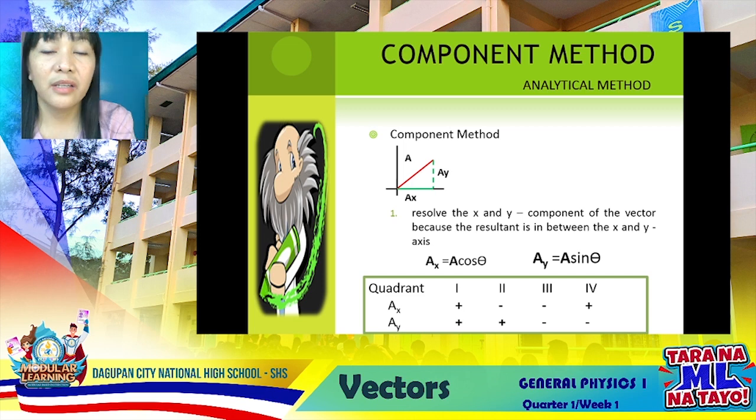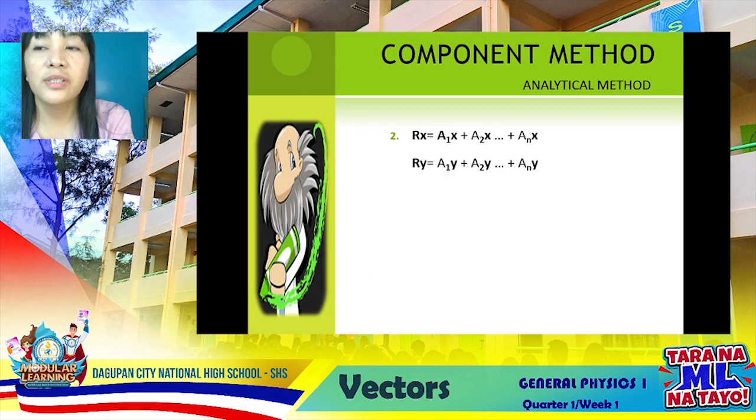So notice there the four quadrants in the Cartesian coordinate system, wherein x and y have their specific signs. Okay, for step 2, add the individual x components algebraically, including the signs, to find r sub x, the x component of the vector sum. Do the same for the y components to find r sub y.